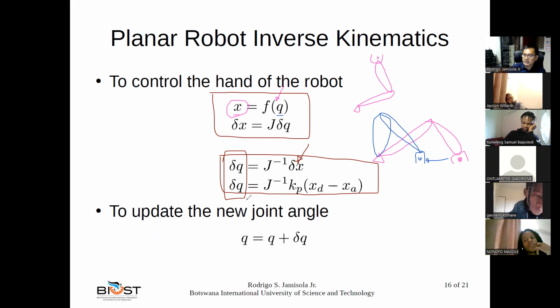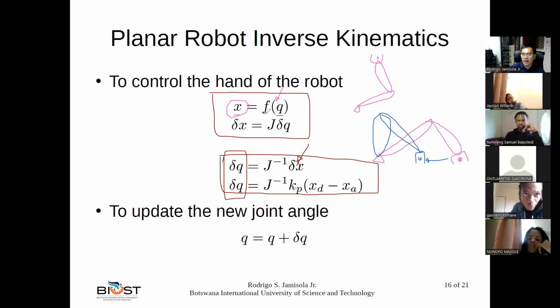Later we will discuss that, but for now we say that they have different inputs. Forward kinematics: the input is the joint, the output is the hand. Inverse kinematics is the other way around. How we proceed from there, from the computation, is the next step.